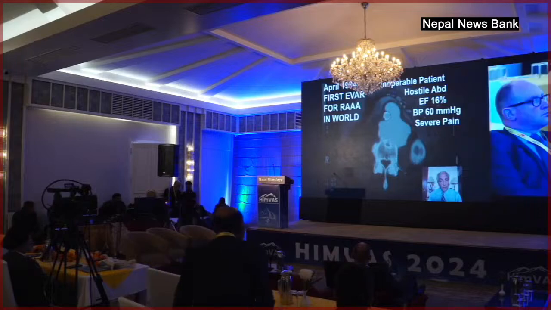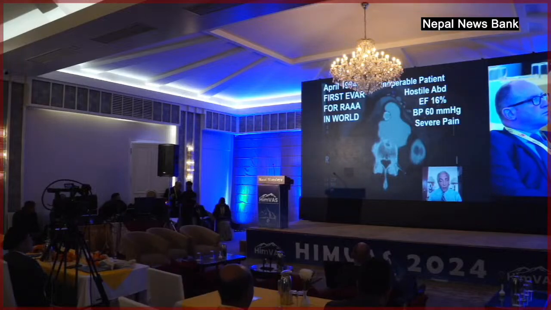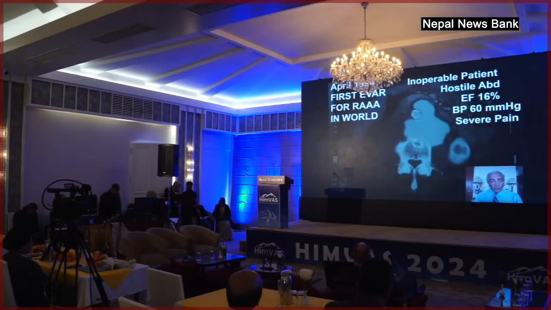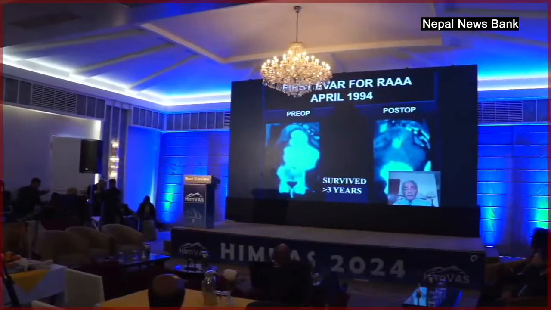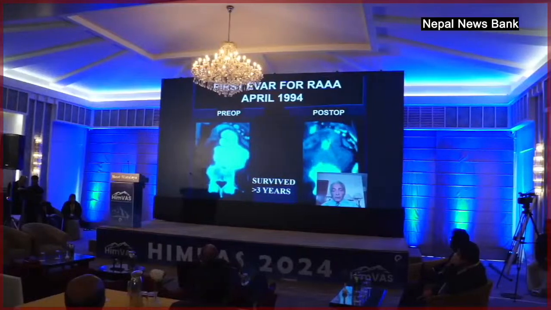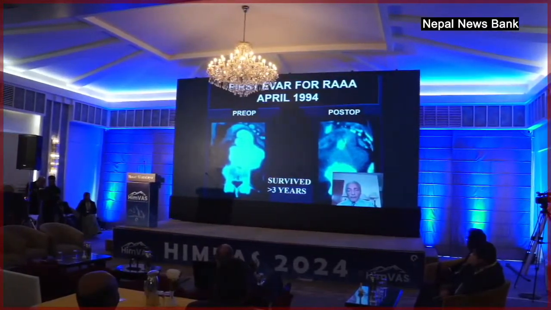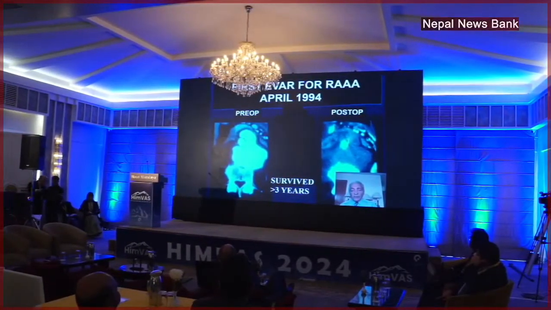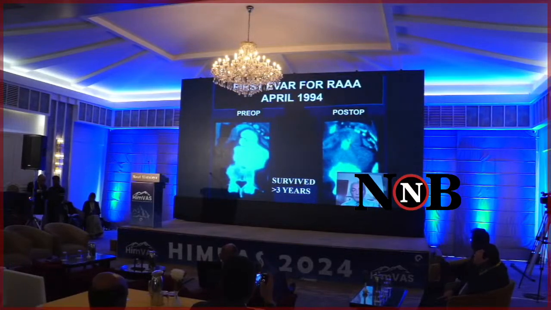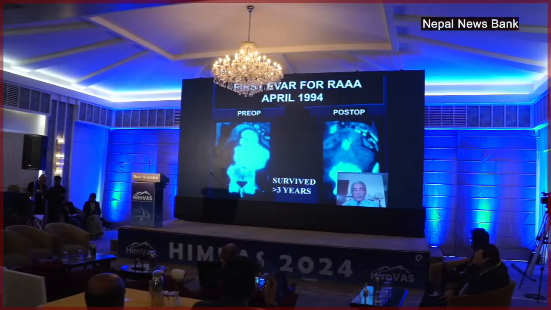This enabled us in April of 1994 to do the first EVAR for ruptured AAA in the world in this surgically inoperable patient. His aneurysm was successfully excluded by our graft, and the patient survived for more than 3 years, only to die of his comorbidities.